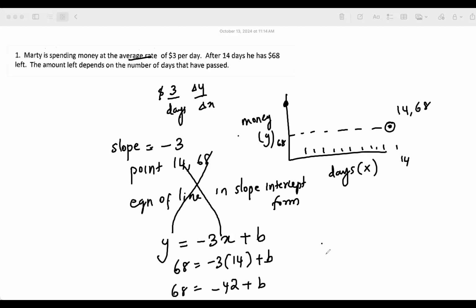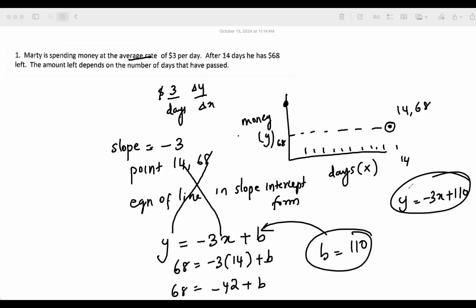B will be equal to 102. Now, putting it back, y will be equal to minus 3x plus b. Clear, guys?